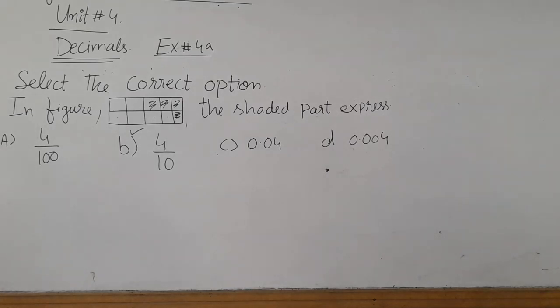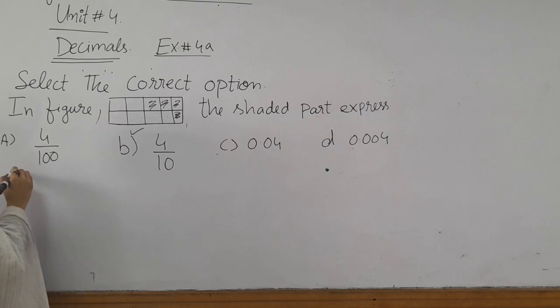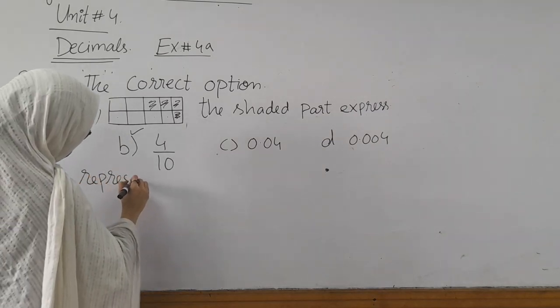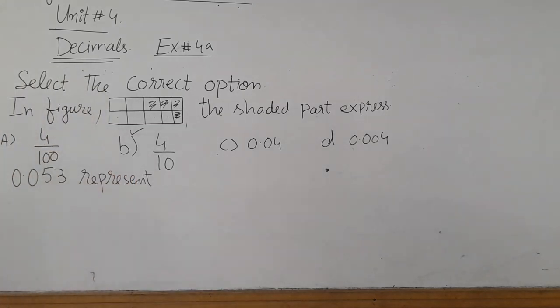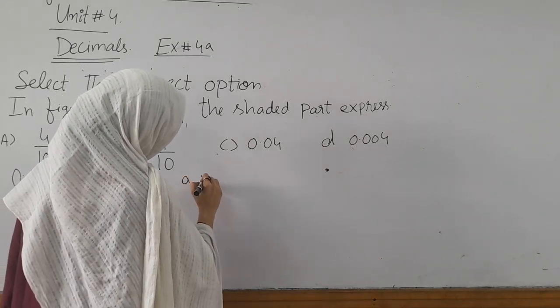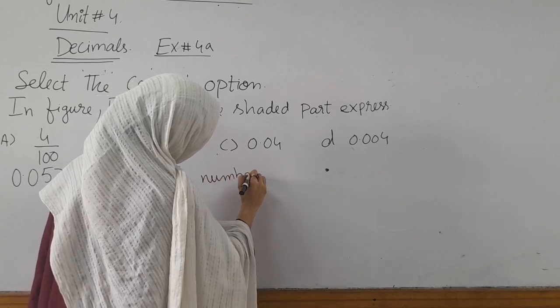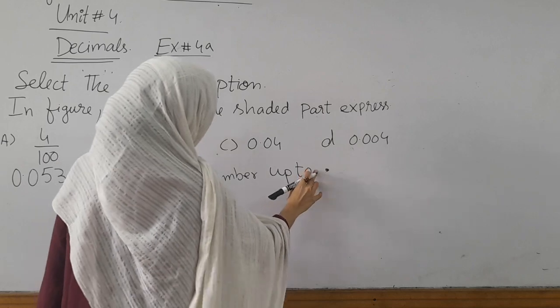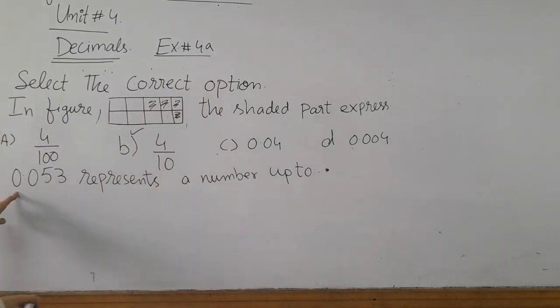Now we have the second MCQ. 0.053 represents a number up to.